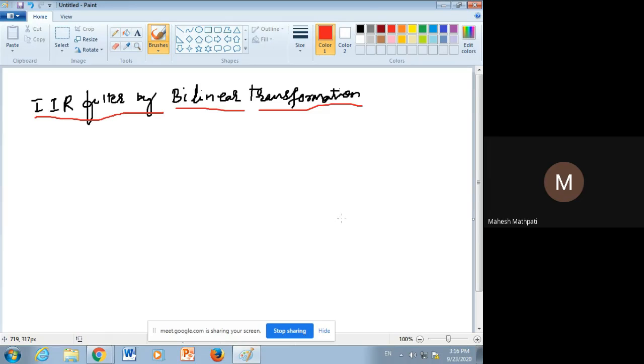This limits the use of impulse invariance method to only low pass type of filters. Full stop.